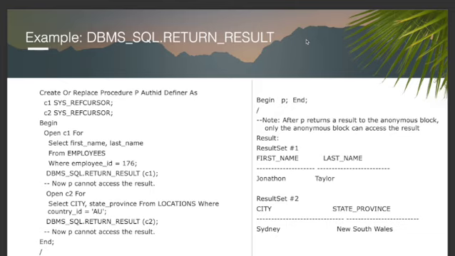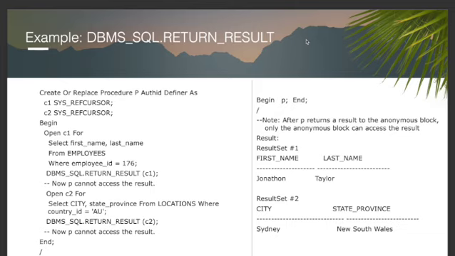Now we will see the example of the DBMS_SQL.RETURN_RESULT procedure. In this example, the procedure P invokes DBMS_SQL.RETURN_RESULT without the optional to_client parameter, which is true by default.